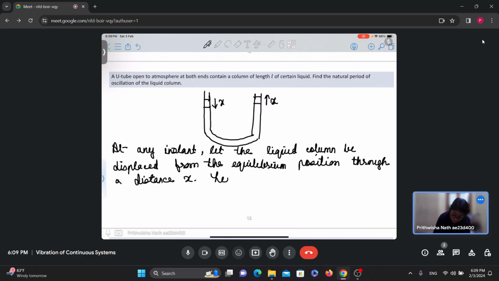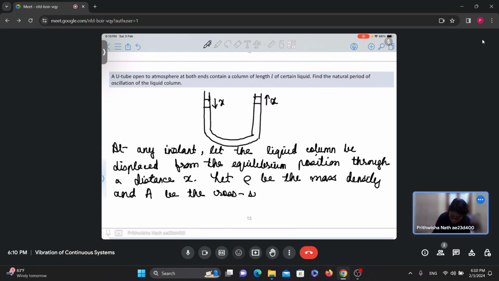Let rho be the mass density, and A be the cross-sectional area of the tube.